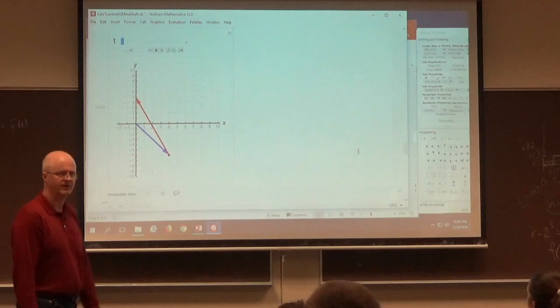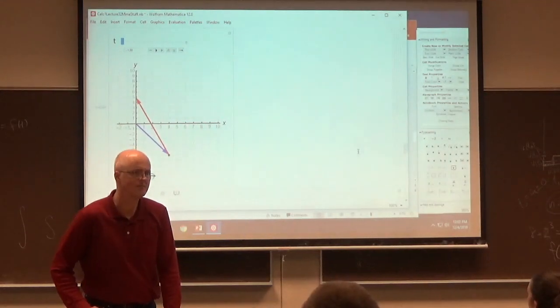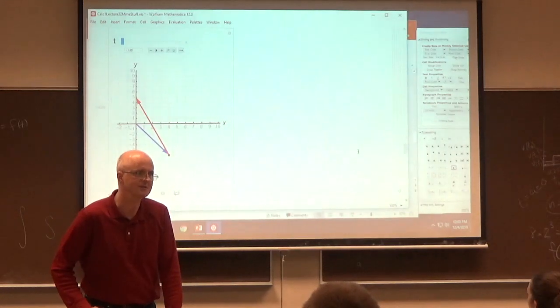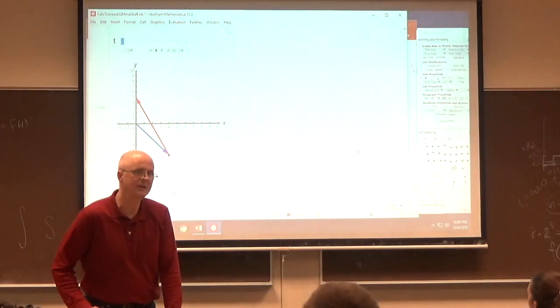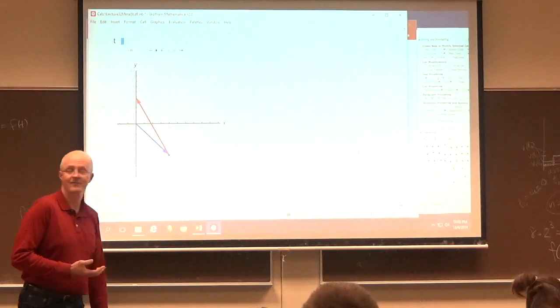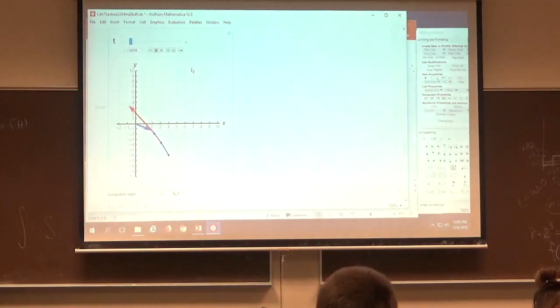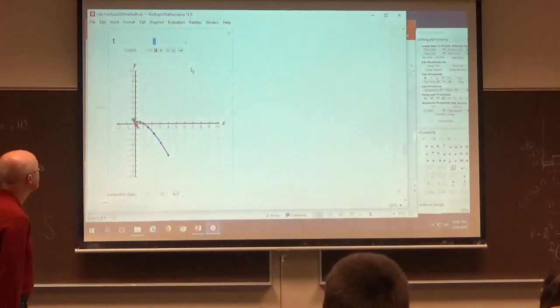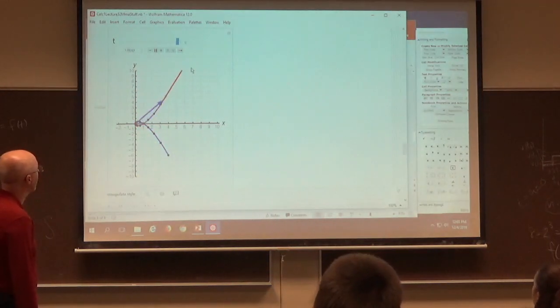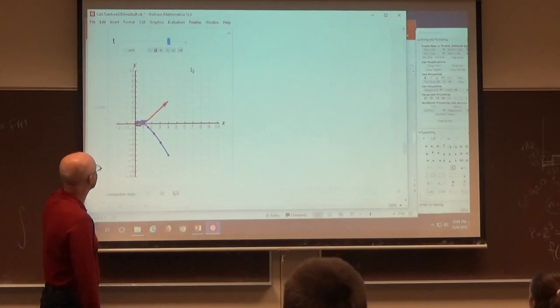I'm not going to test you on vectors, okay? I just want to introduce them to you. They're really important in physics. And they really make the pictures come even more alive. You see two arrows here, a blue arrow and a red arrow. The blue arrow is based at the origin, though when it's close to the origin, it's hard to tell that it is.